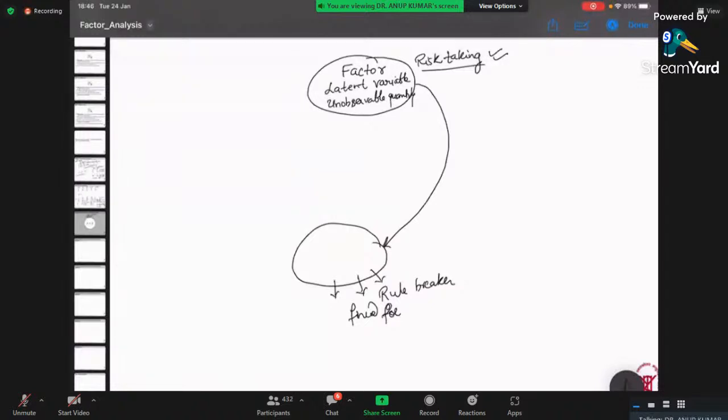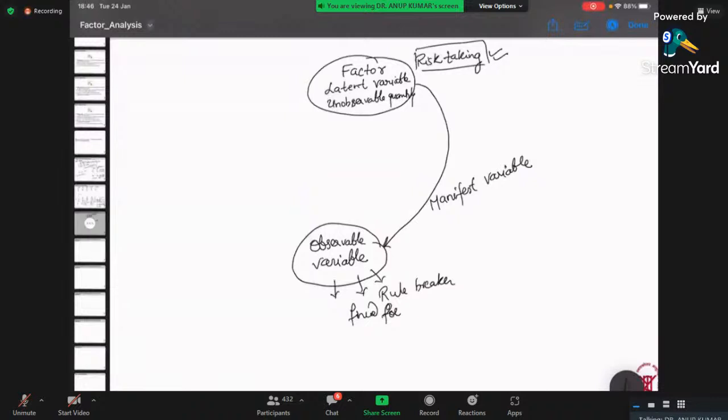So this risk taking behavior is there, and because of this, we have got some manifest variables, and these variables are observable.